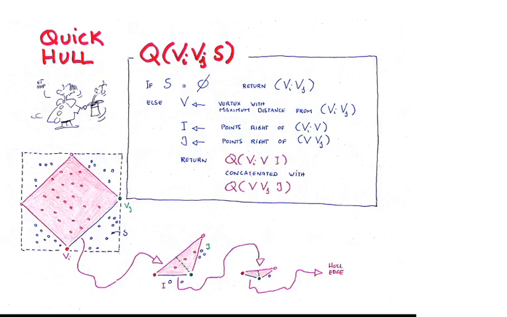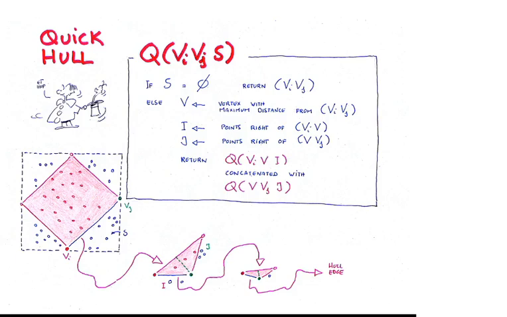It means that you have a function Q that will provide the nodes that are located on the right side of an edge defined by vi, vj, and you have a set S. So what are you doing?